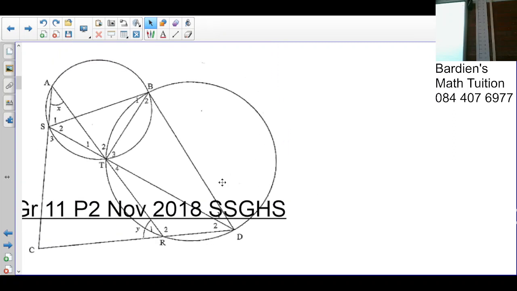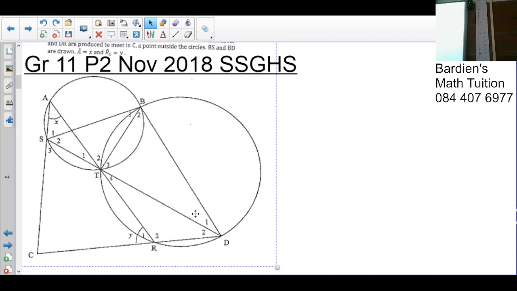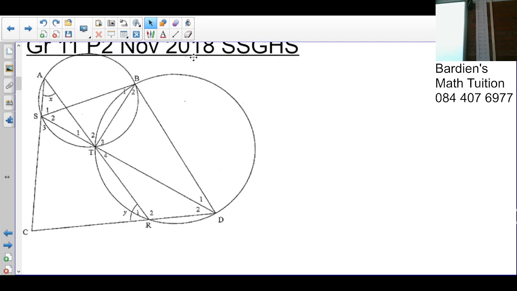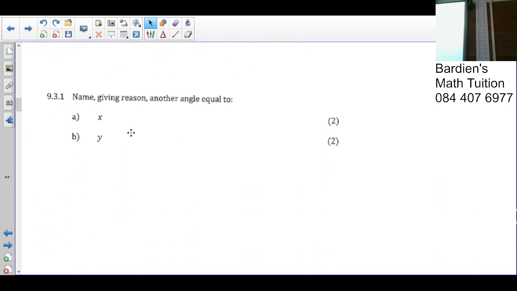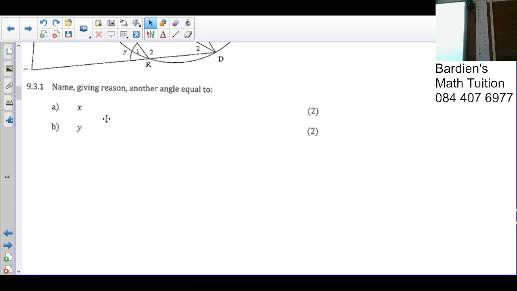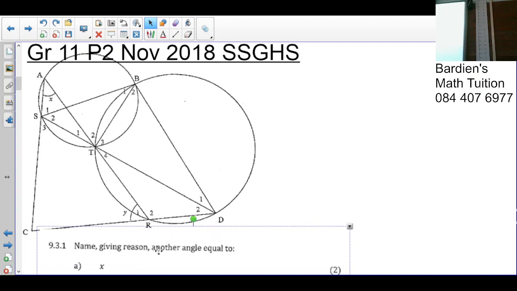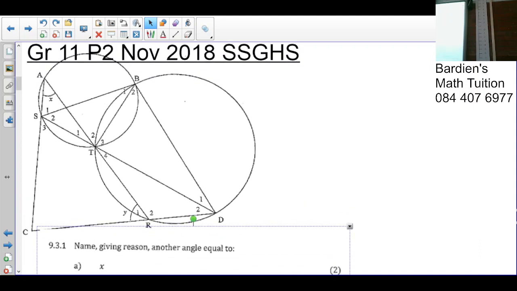Okay. Let's hope this is going to work. It's a little smaller. Right, let's go to the first question. First question says, name giving reasons another angle equal to X and another angle equal to Y. Okay, so 9.3.